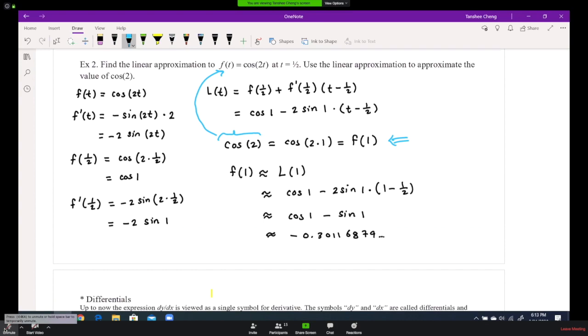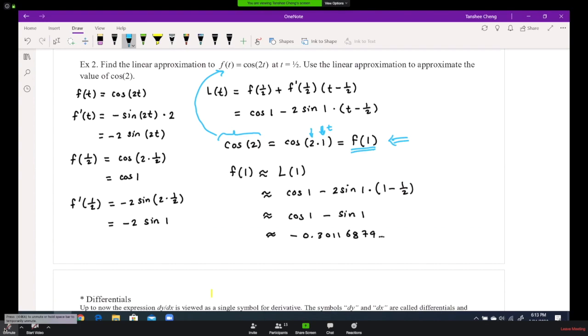By asking this question correctly, you can see that it must be 2 times 1. So therefore, this 1 is my t value that I need to substitute into the function. So that's how I interpret this cosine of 2, that is basically evaluating the function at 1.